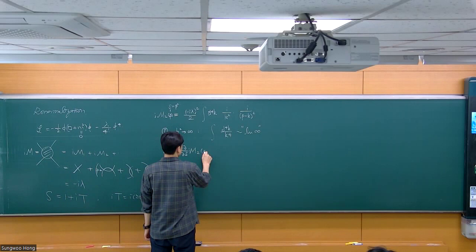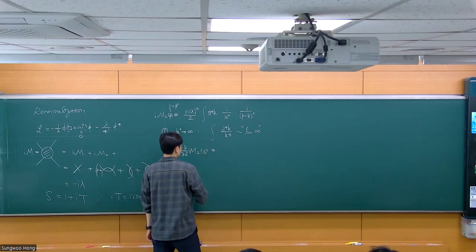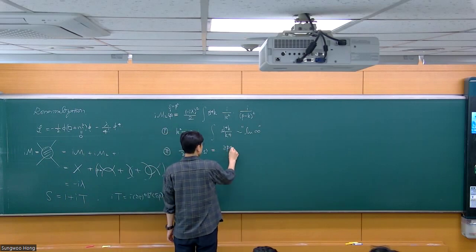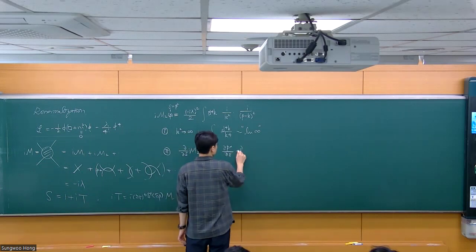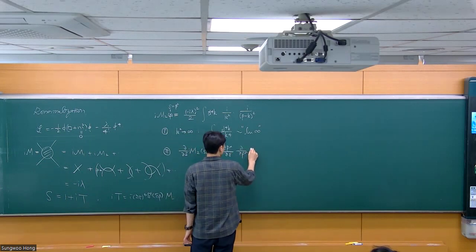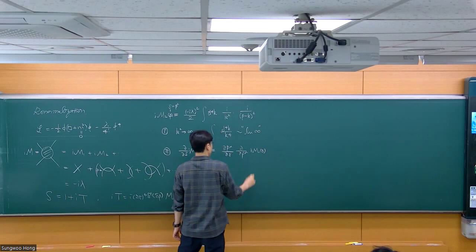So then this as a function of s is what? I'm doing the chain rule, d/dp mu of p squared, which is s.